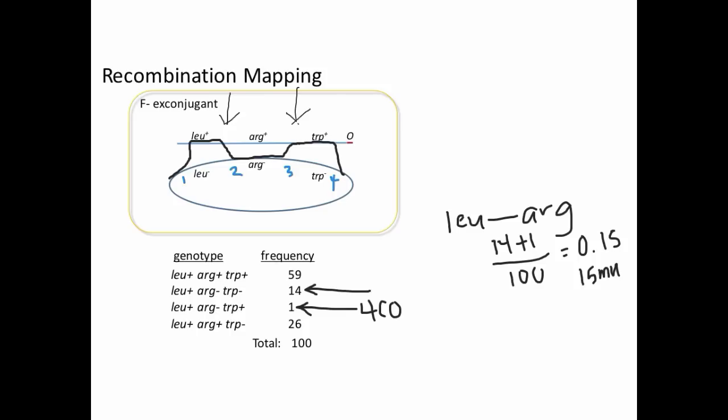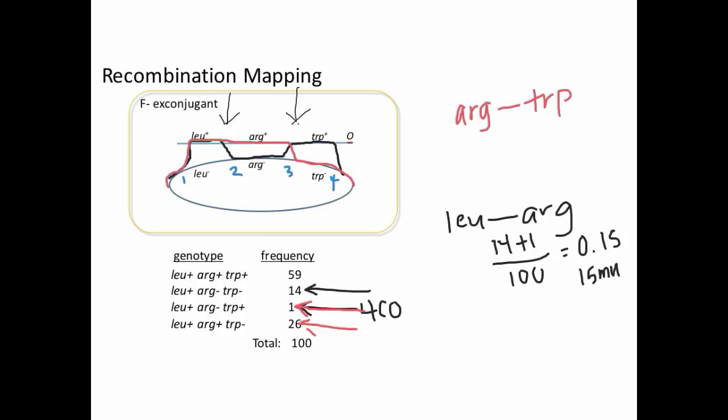Now, if we wanted to map the distance between Arg and Trp, we would look at the classes where there was a crossover between those two, which again would be the 4 crossover class and this class. The only way you could result in that genotype would be a crossover at 1, Lu plus, Arg plus, and then a crossover at 3, a crossover between the Arg and the Trp minus.